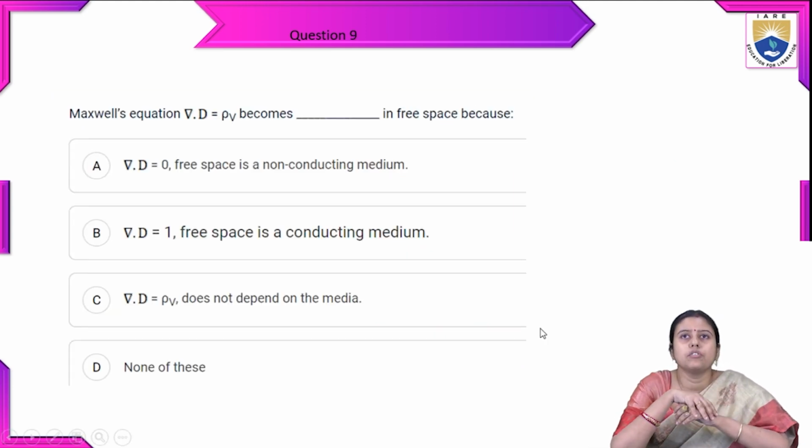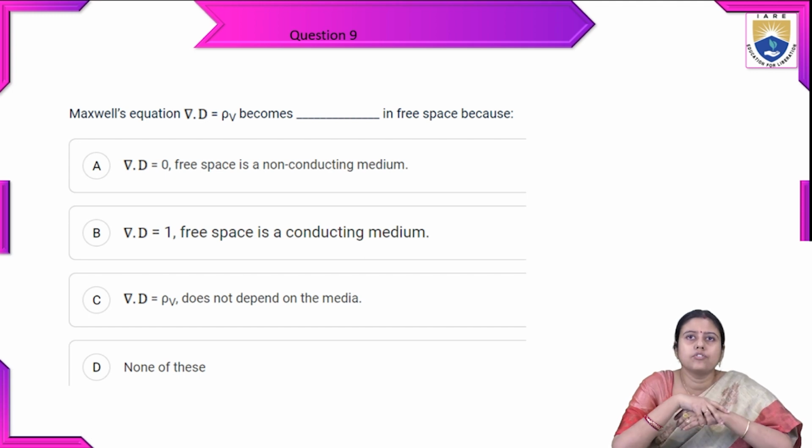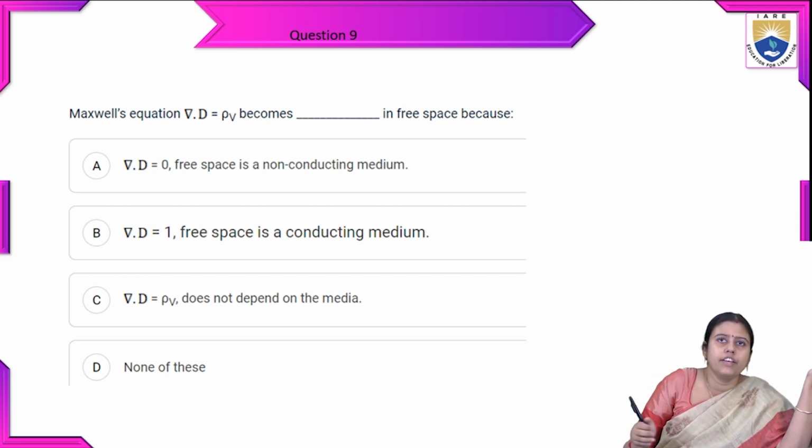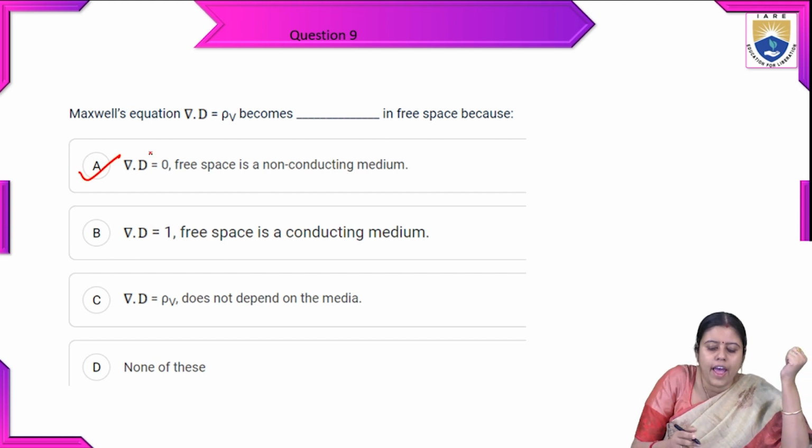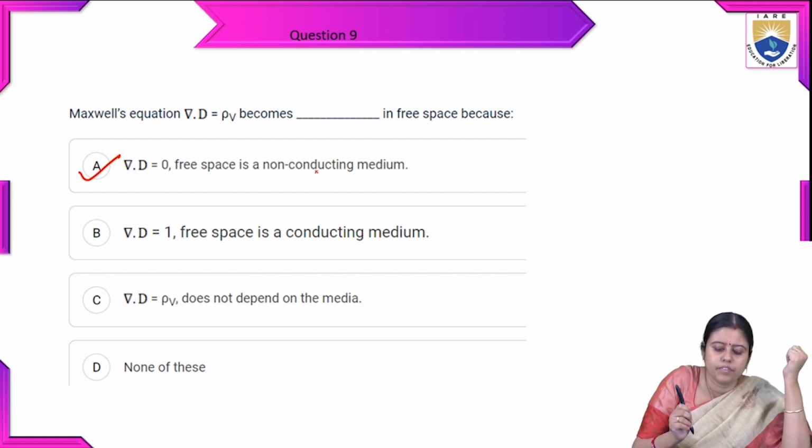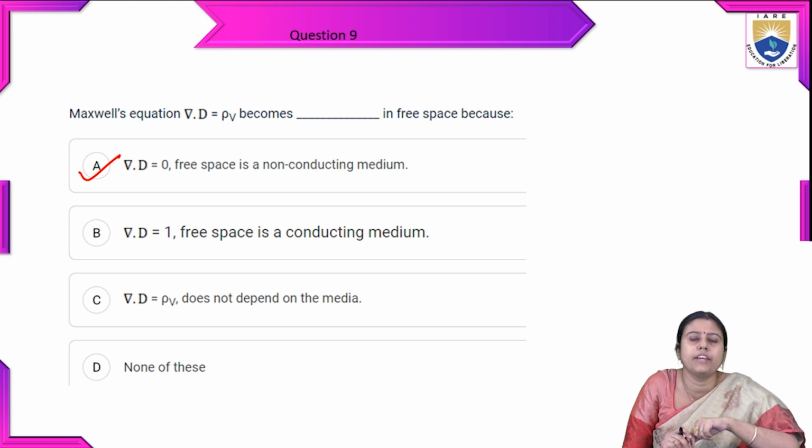We will move to question number 9. Maxwell's equation is given. Grad dot D is equal to rho V, which becomes zero in the free space in a non-conducting medium.